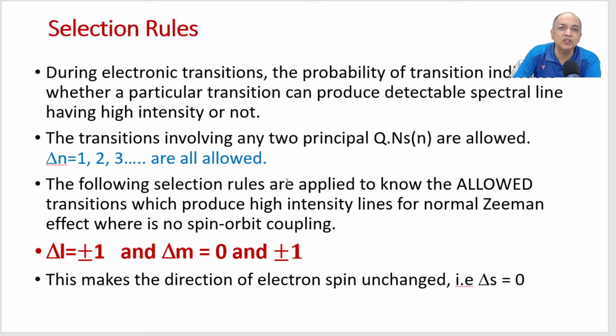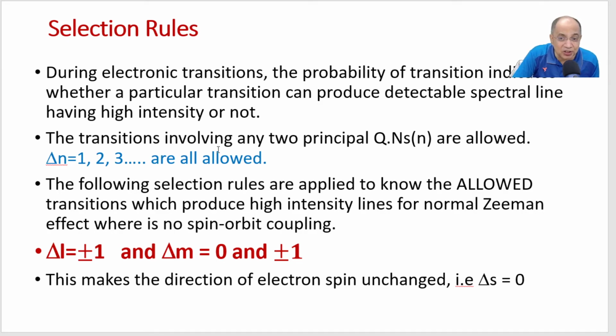Now, what are the selection rules? Those are stipulated for transitions. During electronic transitions, the probability of transition indicates whether a particular transition can produce detectable spectral line having high intensity or not. Yeah, transition is occurring, but whether it is a probable transition to produce a detectable peak or not.